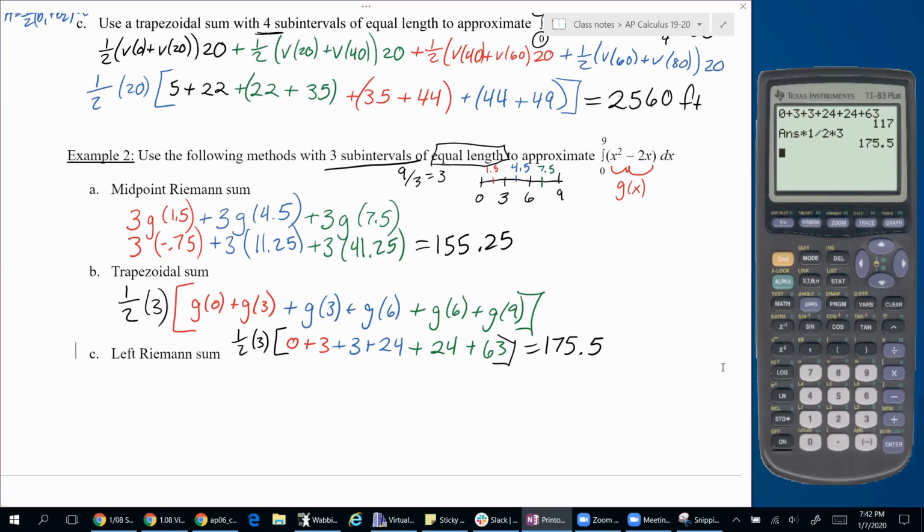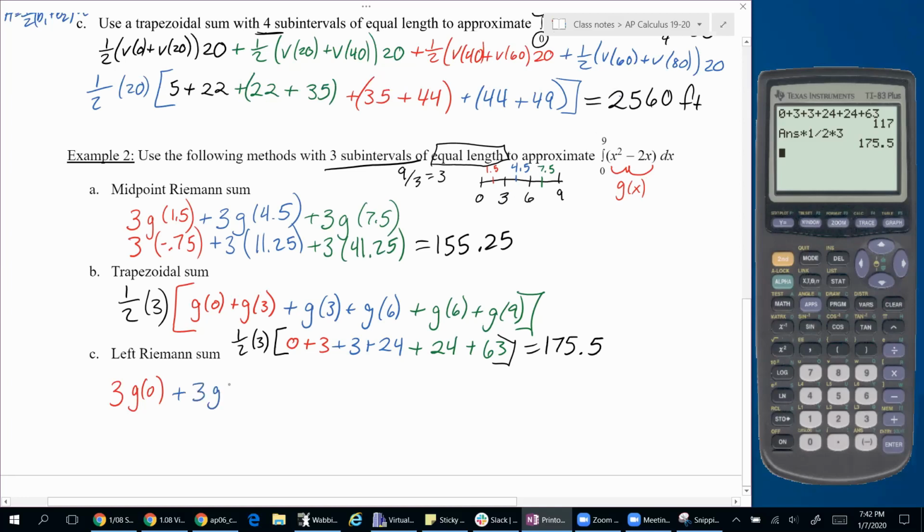Finally, let's do a left Riemann sum. So this is back to rectangles using our same interval, the base of 3 times the height. If we're using the left in our first interval, we want g of 0. For our second one, the left side of the interval between 3 and 6 is 3.